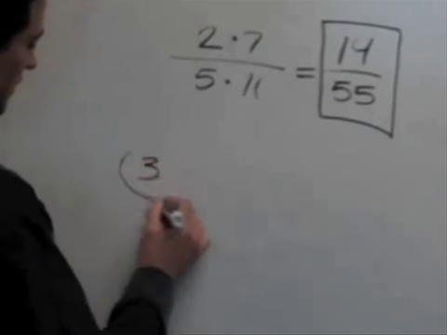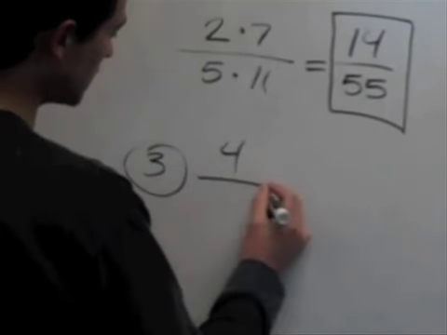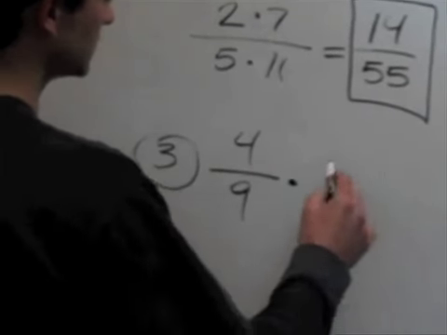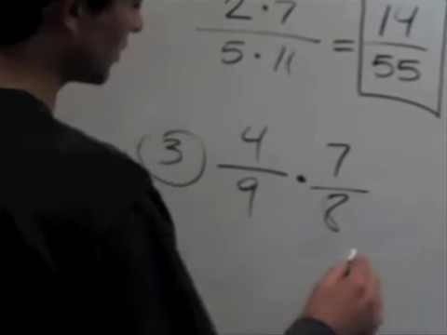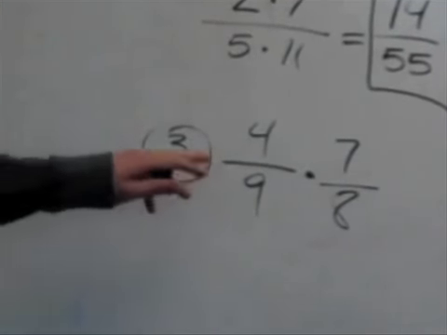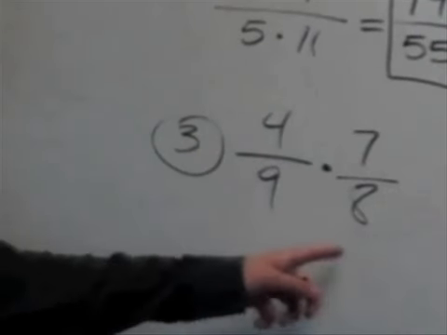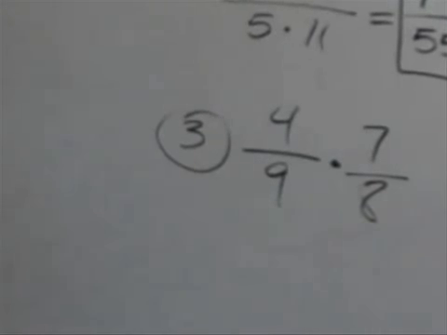So let's just see, 4/9 multiplied by 7/8. We can tell that this numerator and this denominator both have a common term, and that term would be 4.